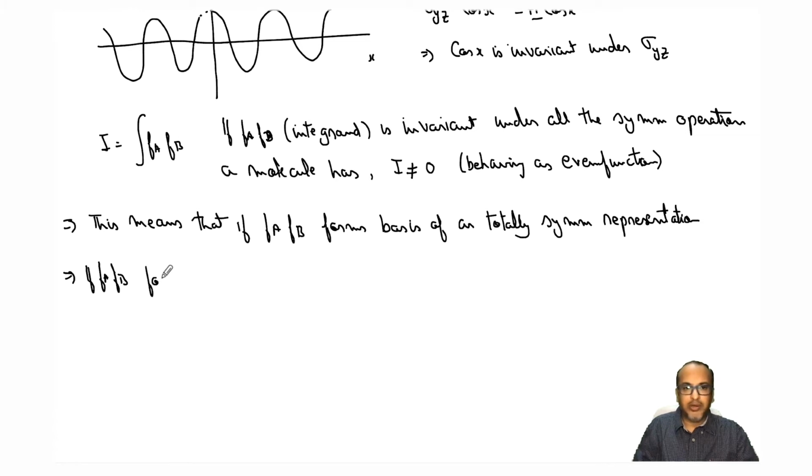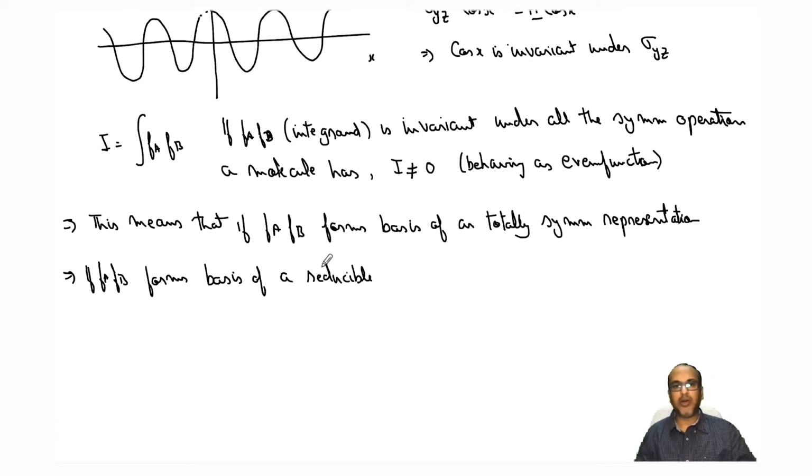Or let's say if fA fB forms the basis of a reducible representation, it is possible that it can form the basis for an irreducible or a reducible representation. We don't know.